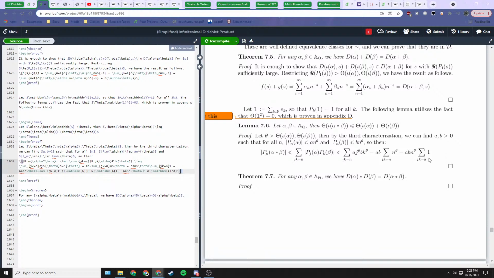Just like that. That's not going to fit.